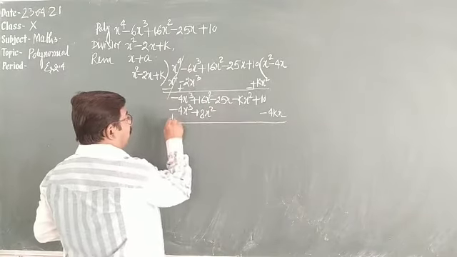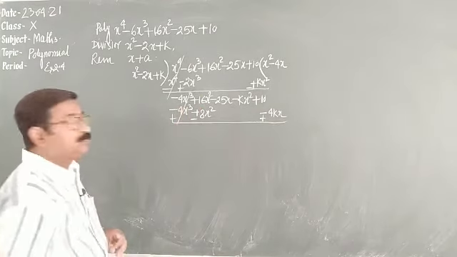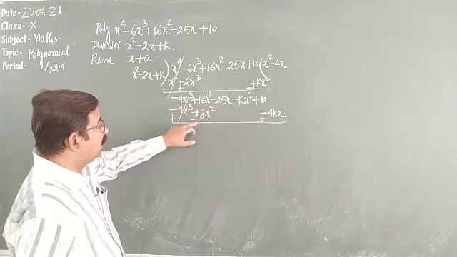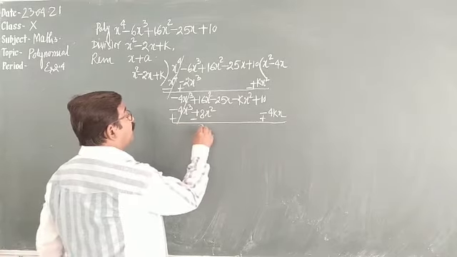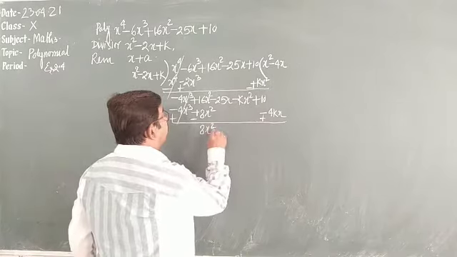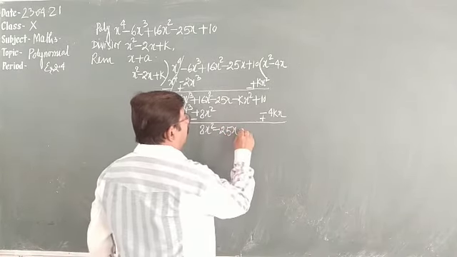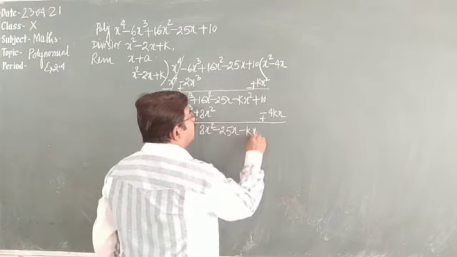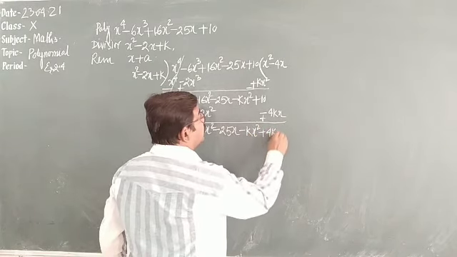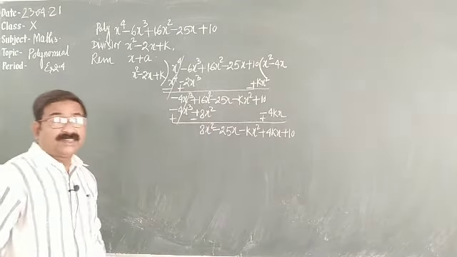Subtract: plus, minus and plus. This will go. What is left? 16x square minus 8x square, 8x square left, minus 25x, minus kx square. Write this, plus 4kx and plus 10 in the last.